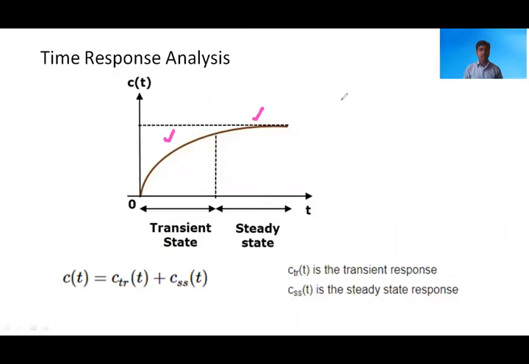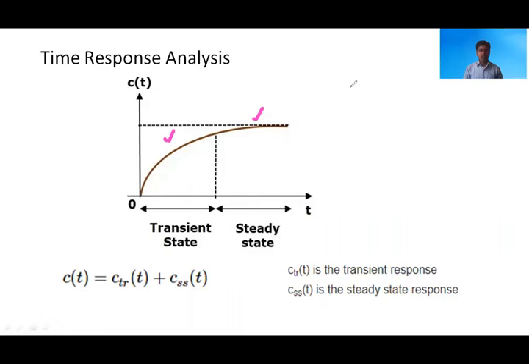From the figure, we can see that in the transient state, the response is not constant. It varies from 0 to some value. That means where the response is changing from one state to another, that state is called the transient state.